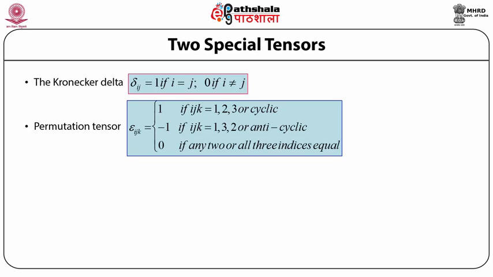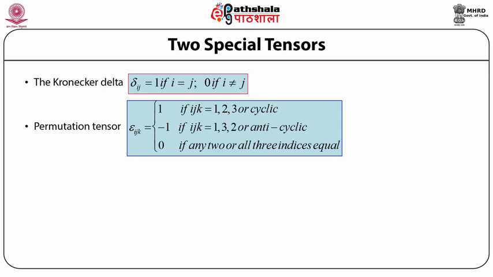Similarly, this permutation tensor epsilon subscript i j k turns out to be -1 if the indices i, j and k take the values 1, 3 and 2 respectively, or take the anticyclic combination.